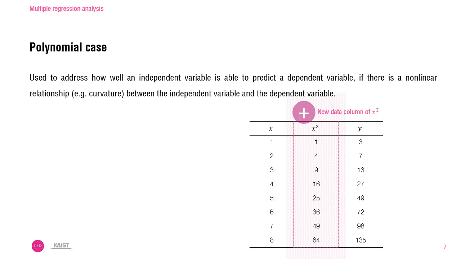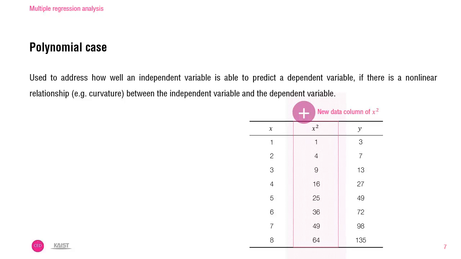This polynomial regression analysis is used to address how well an independent variable is able to predict a dependent variable, if there is a nonlinear relationship, such as a curvature, between the independent variable and the dependent variable.